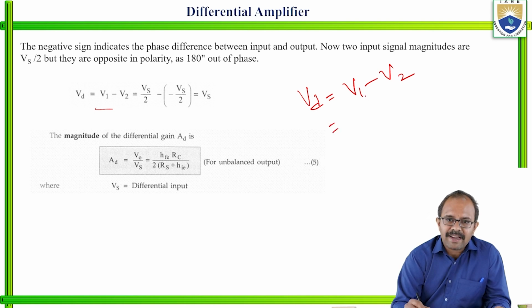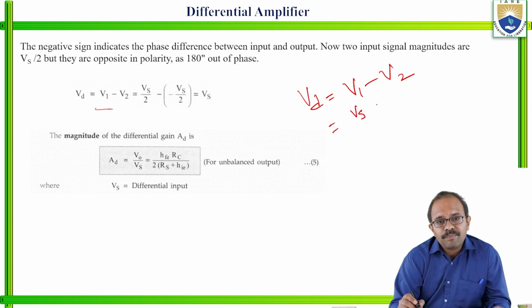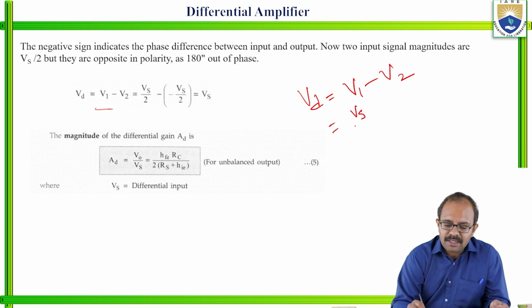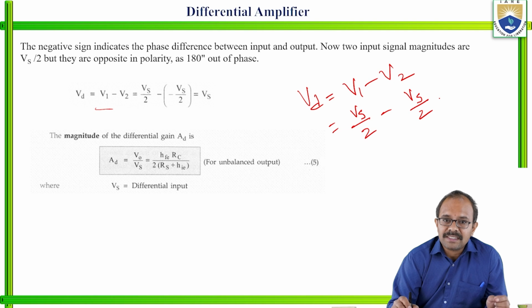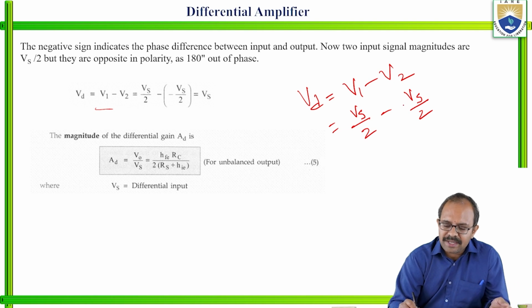The magnitudes of both V1 and V2 are said to be equal. V1 is Vs by 2, and V2 is also Vs by 2, but there is a 180-degree phase shift, so a minus will appear here. Understand?